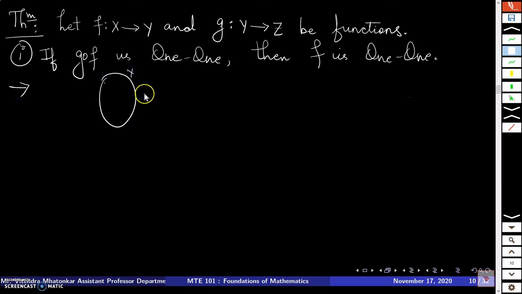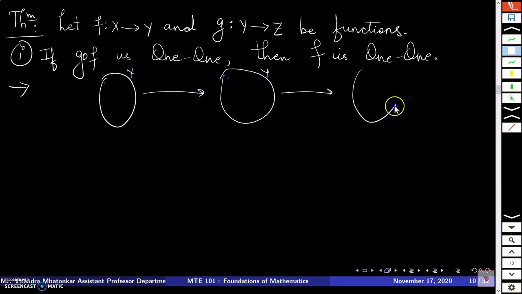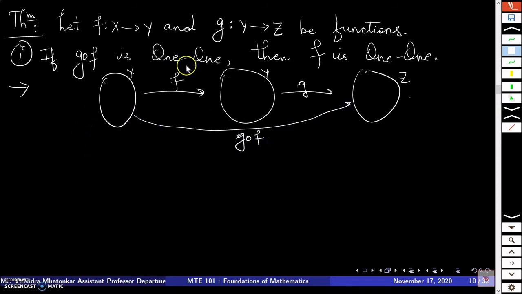Okay, so supposing this is the set X, this is the set Y, and this is the set Z, and f is a map from X to Y and g is a map from Y to Z, and then we have g composite f, which is a map from X to Z. So I want to show that f is 1-1.